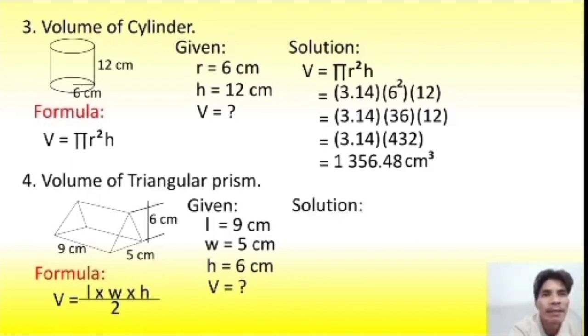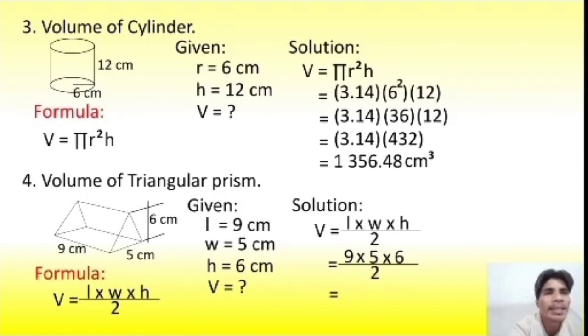Solution: copy first the formula. We have V equals length times width times height divided by 2. Then equals, the length is 9 cm times the width 5, then times the height 6, then divided by 2. Then equals 9 times 5 times 6 is 270 divided by 2.